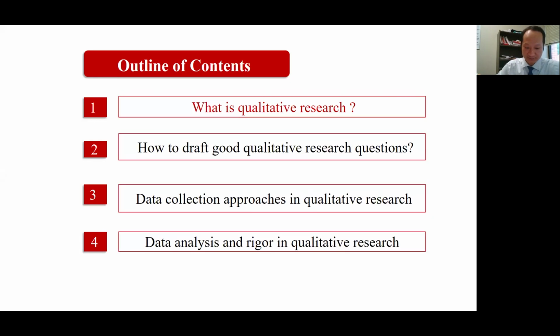To start with, the goal of this series of lectures is to help you learn about qualitative research concepts and approaches so that you can determine whether qualitative research method fits your research project, and if so, how to conduct a qualitative research project.